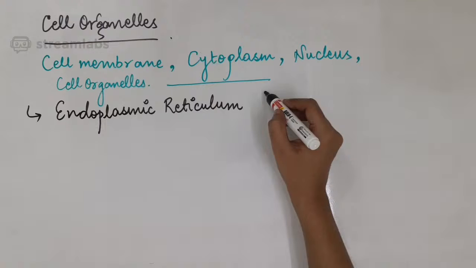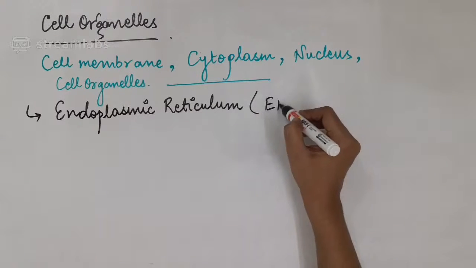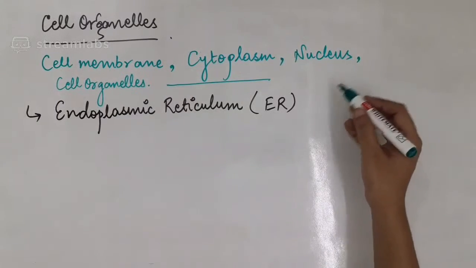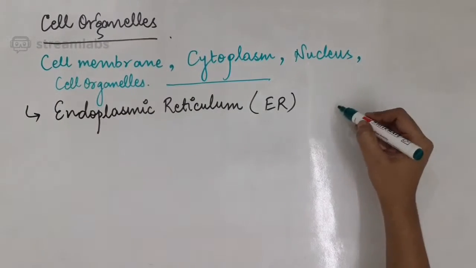or in short it is written as ER. Endoplasmic reticulum is an irregular network of tubular double membrane, and this is the structure which was present inside.